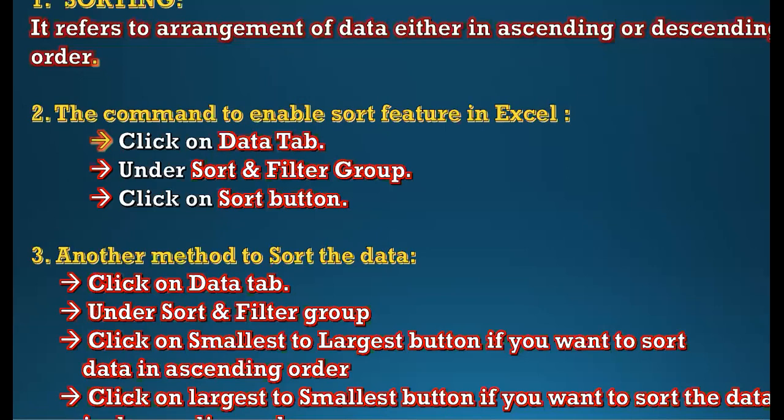Okay. This is how you have to attempt the application based questions. These are also called competency based questions, interactive questions. So Neha should click on data tab. Under sort and filter group, Neha should click on sort button.